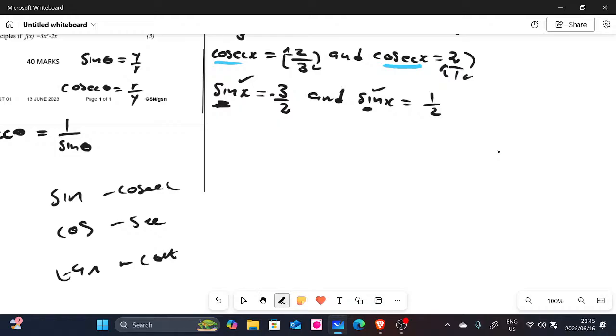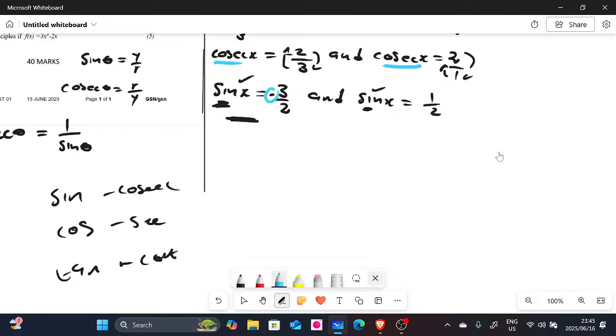So let's continue. Now remember this one here, let's look at this one first. It says we must find x where sine is negative. Do you guys see?